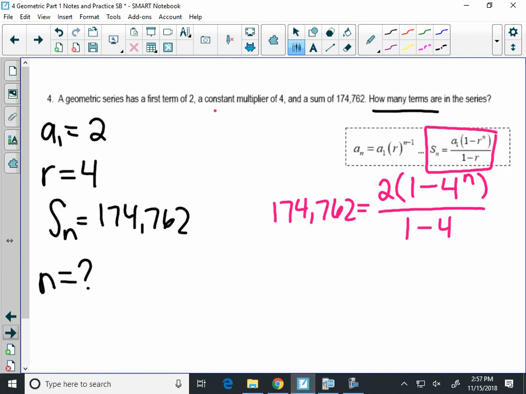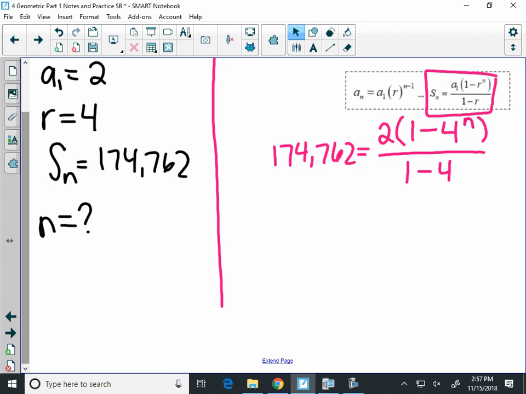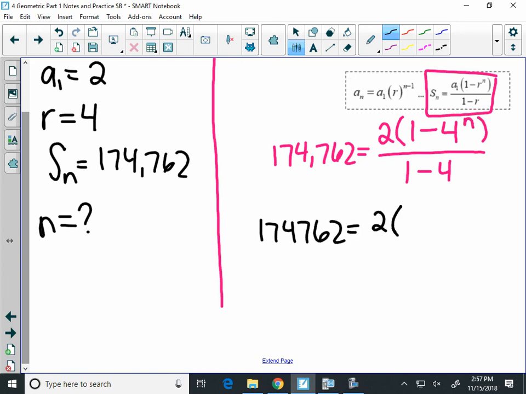All right, so let's start. We need to find n. So it looks like I have a good place to start here. Let's simplify that expression. So I'm going to rewrite that as 174,762 equals 2 times 1 minus 4 to the n over negative 3, 1 minus 4.